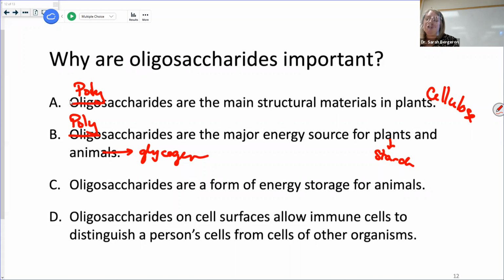Oligosaccharides are a form of energy storage for animals. It's the same thing, right? Poly, glycogen. Okay, D, oligosaccharides on cell surfaces allow immune cells to distinguish a person's cells from the cells of another organism. True or false? This one's true, right? What's an oligo? What does oligo mean?